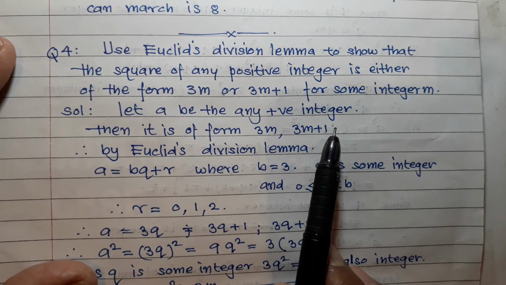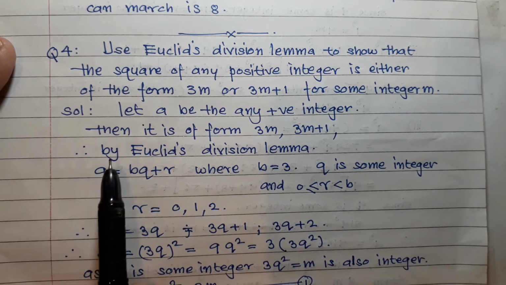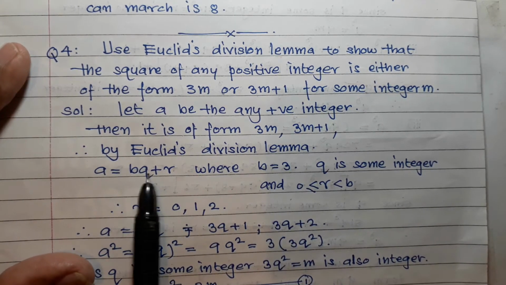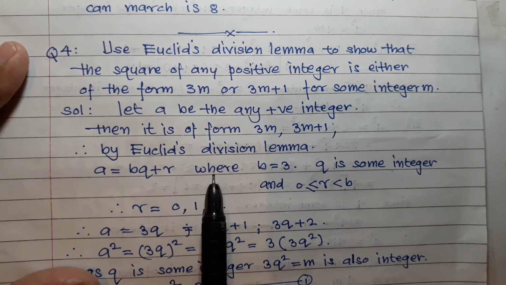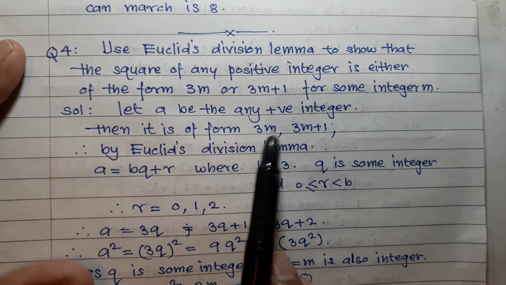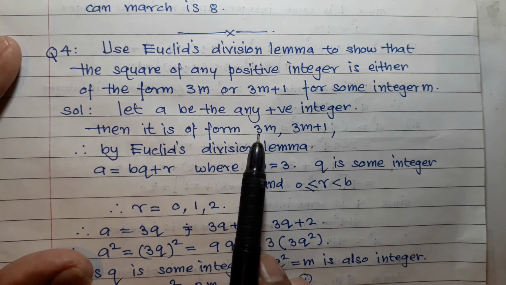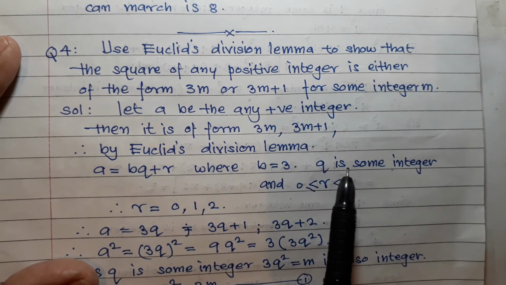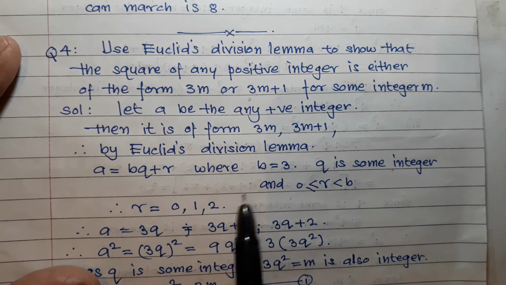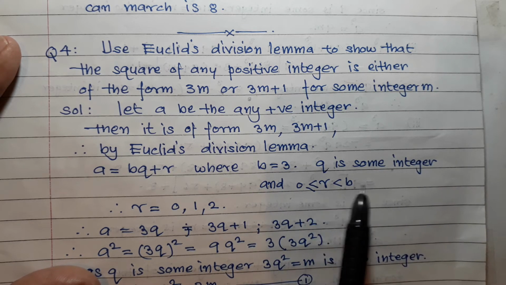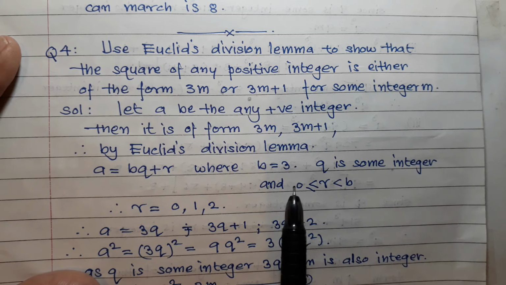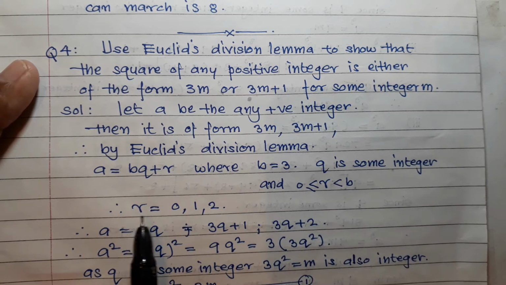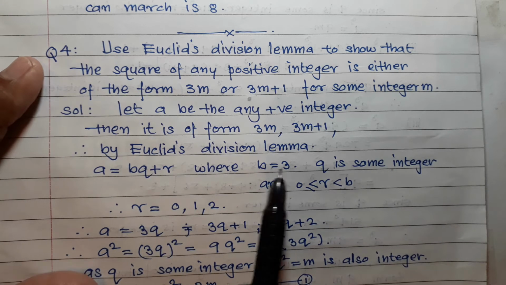Now by Euclid's division lemma, a = bq + r, where b is equal to 3, q is some integer, and r is greater than or equal to 0 and less than b.